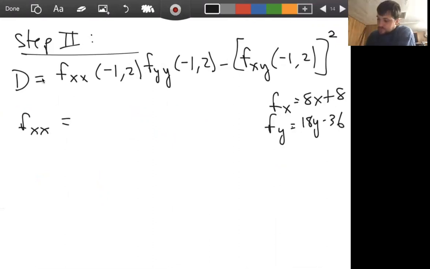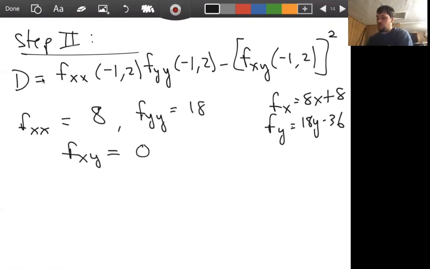And so f sub xx is 8, and f sub yy is 18, and then f sub xy is 0, which is the same as f sub yx. If you take the partial derivative of either of these with respect to the other variable, well, 8x plus 8 is constant with respect to y, so its partial derivative would be 0, and vice versa for f sub y.